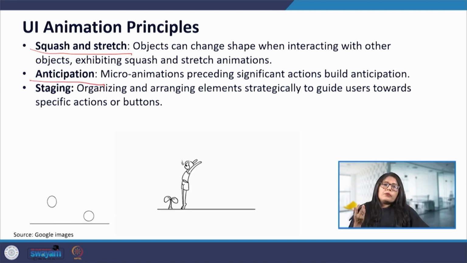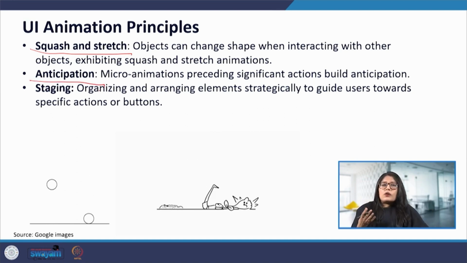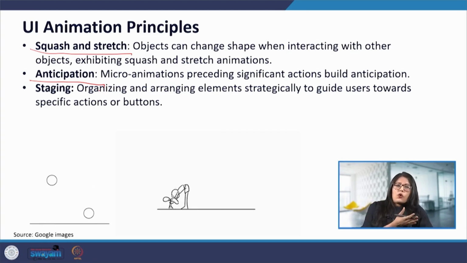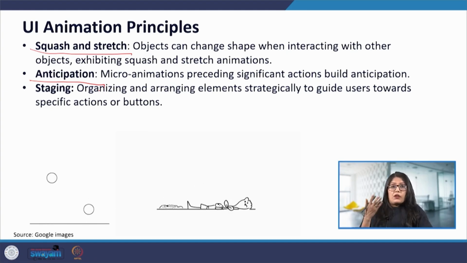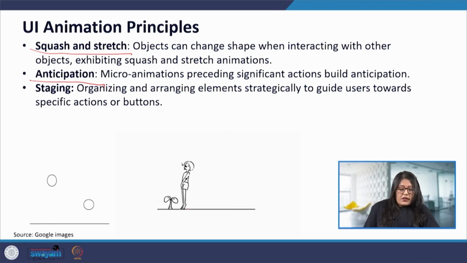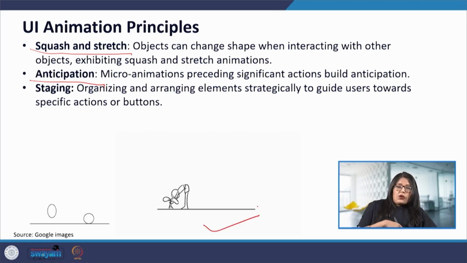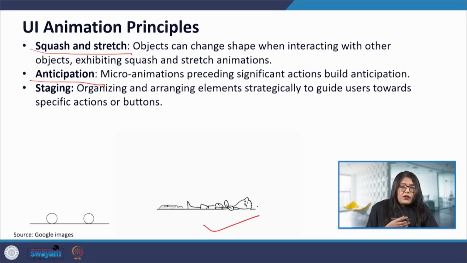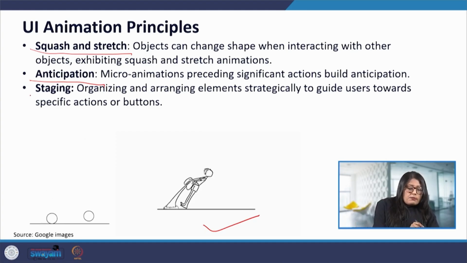So, some micro animations cause a feeling of anticipation, like we saw in the previous slide also, that the user is waiting for what will happen. Here also we can see in this particular example that we are sort of waiting for what happens when this person pulls it, will it come out or not, or many other feelings may be generated.